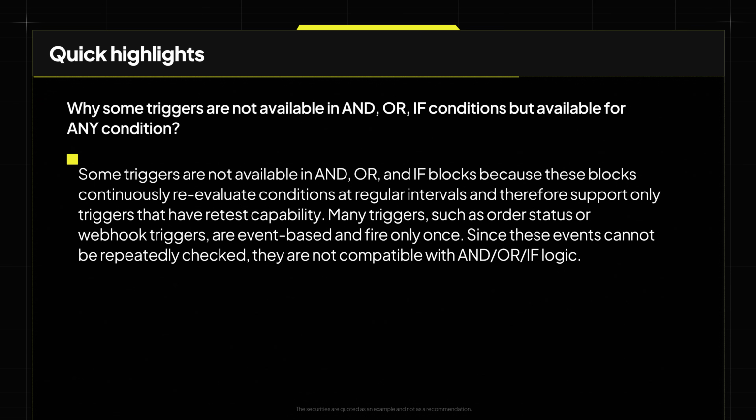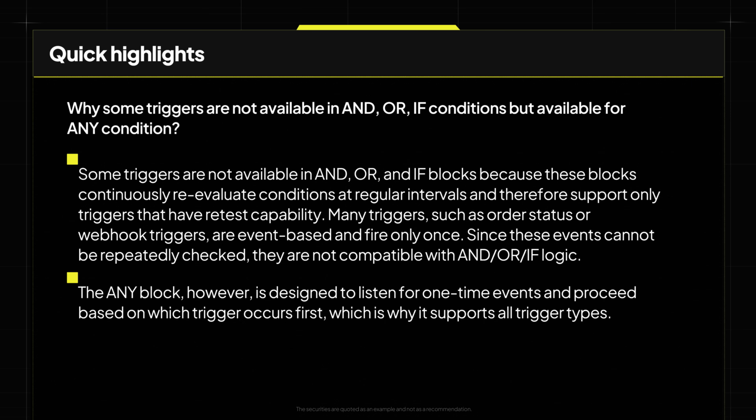Many triggers, such as order status or webhook triggers, are event-based and fire only once. Since these events cannot be repeatedly checked, they are not compatible with and, or, if logic. The any block, however, is designed to listen for one-time events and proceed based on which trigger occurs first, which is why it supports all trigger types.